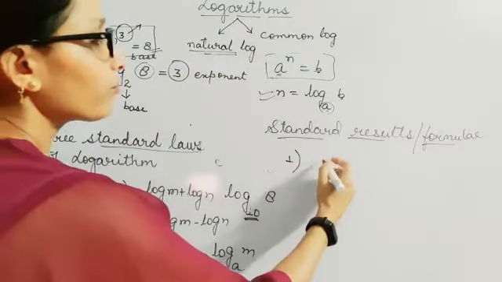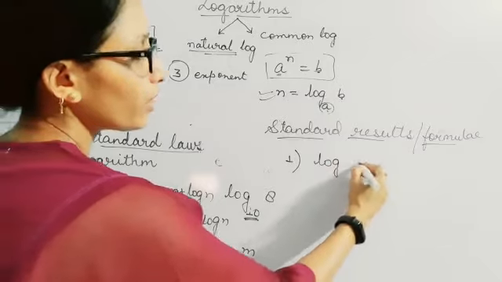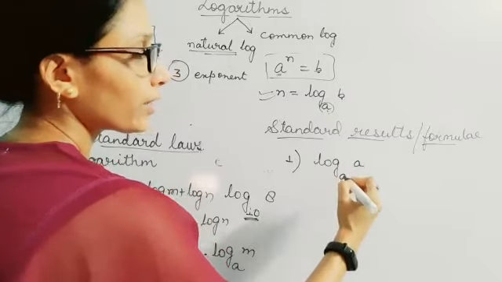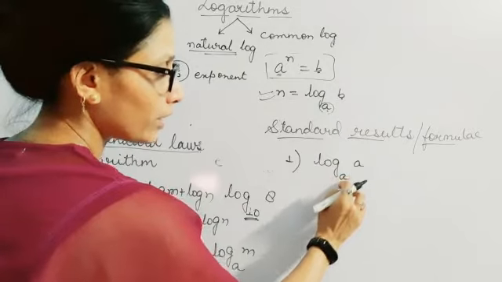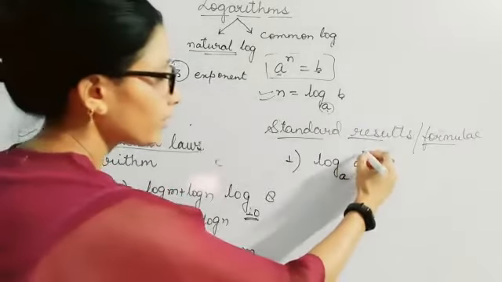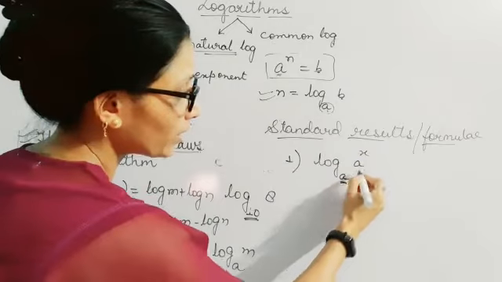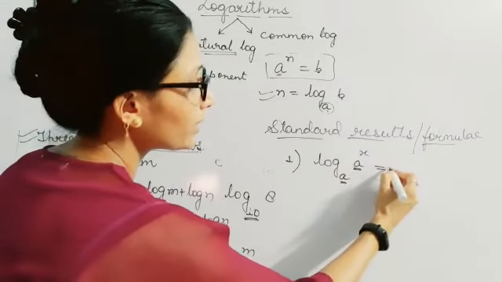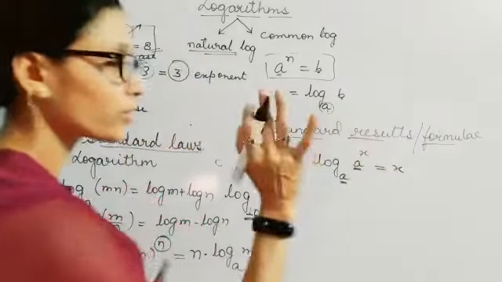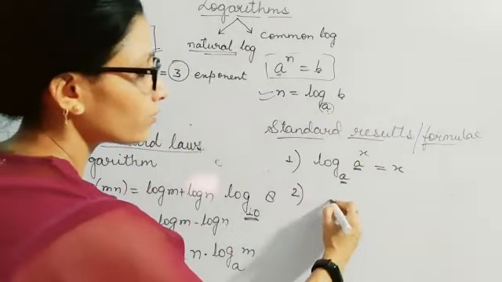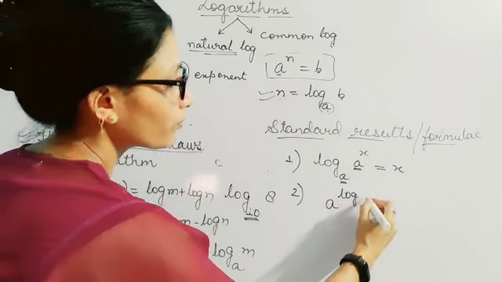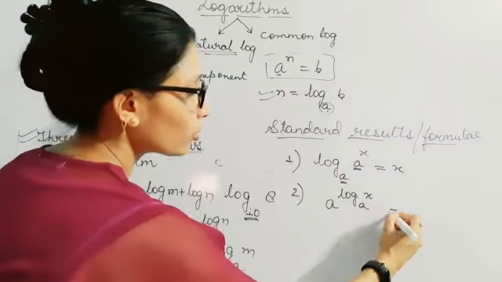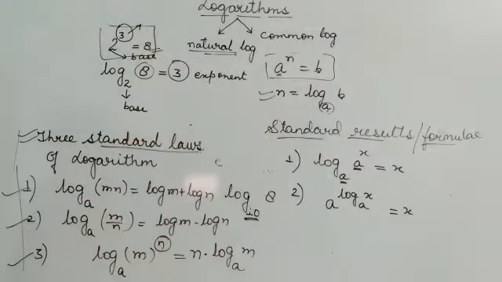Children, if we have log of a to the base a, where the base and the result are the same, and if it is a raised to power x, then you will get the answer as x. And if it is given as a raised to power log of x to the base a, then also you will get the answer as x.